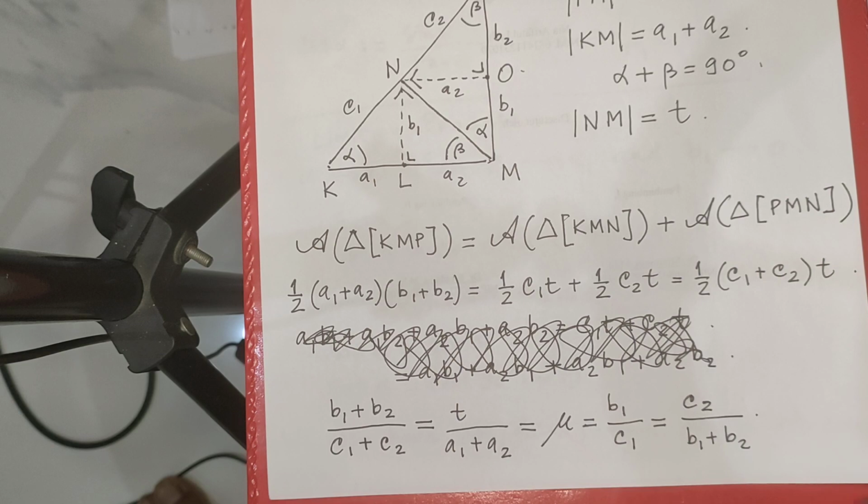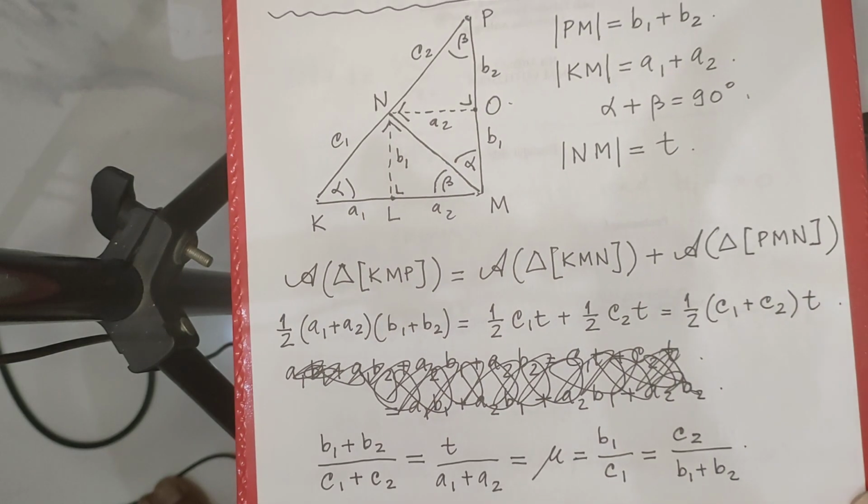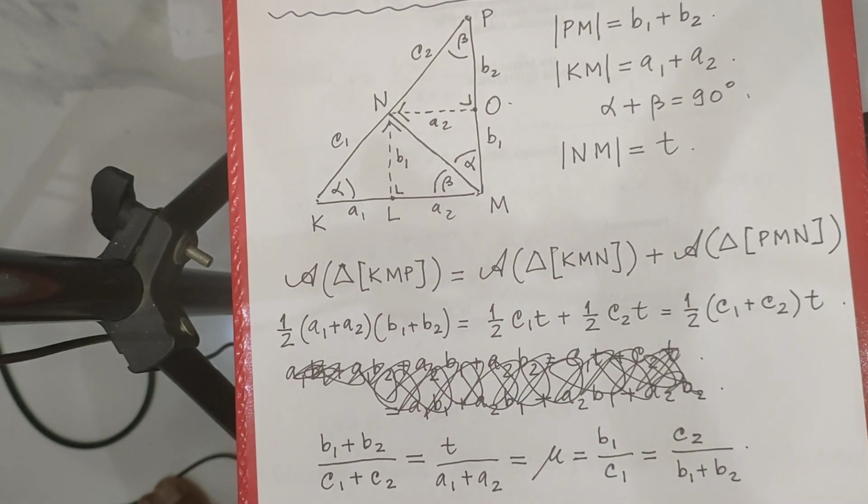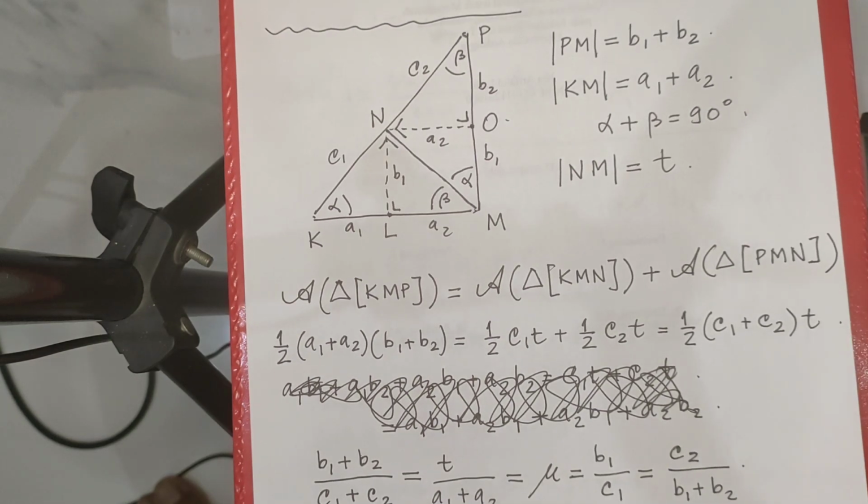And the last one, B1 divided by C1 equal to C2 divided by B1 plus B2, comes from the area of triangle PNM is equal to the area of PNO plus the area of triangle NOM. Okay.